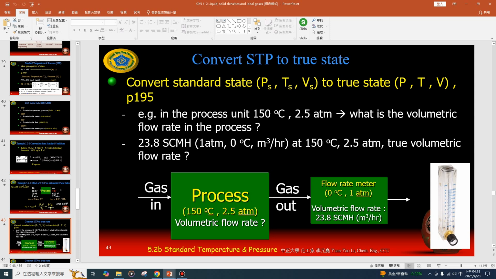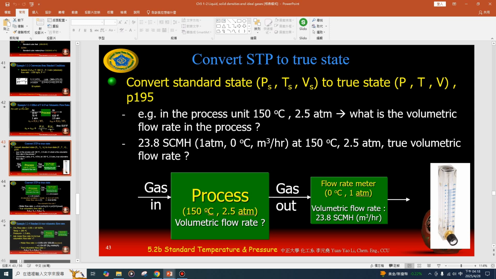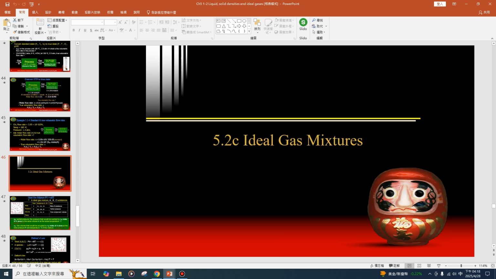Then you use P1V1/T1 = P2V2/T2, and you can get the volumetric flow rate, for example, or the mass flow rate. This is another example.